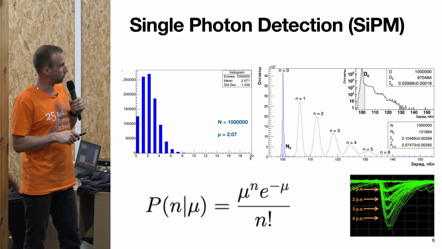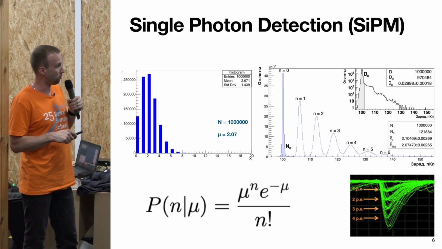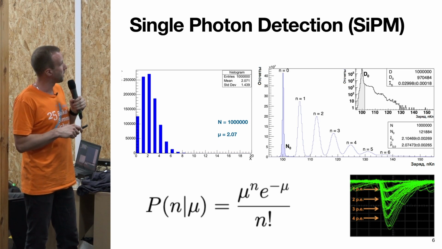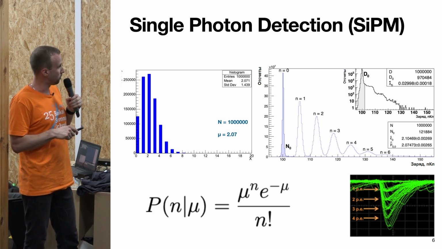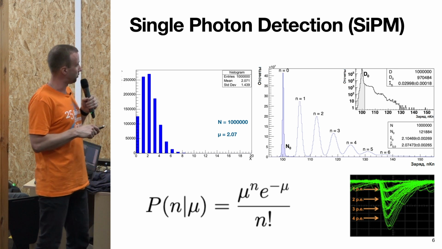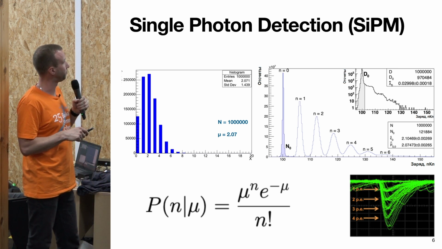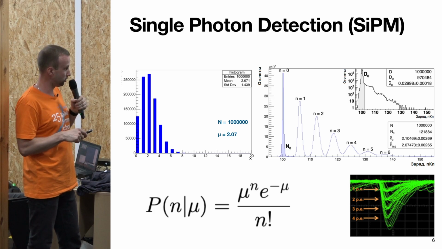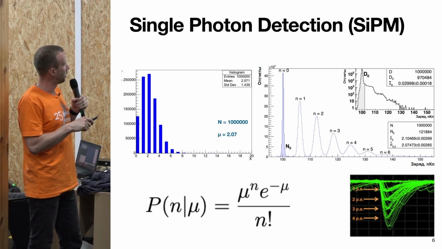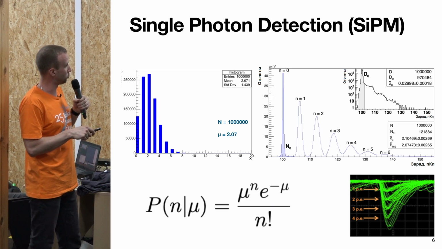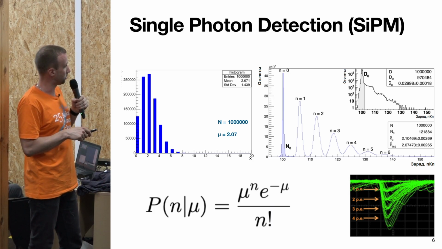Here I just want to show you how we perform calibration. On the left hand side you see the picture of a Monte Carlo simulation of a Poisson distribution, where the average number of events is 2.07.